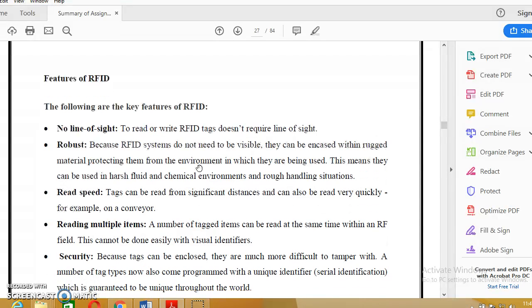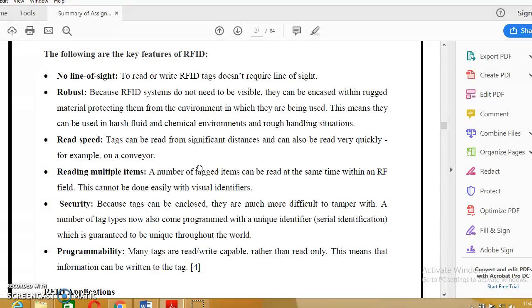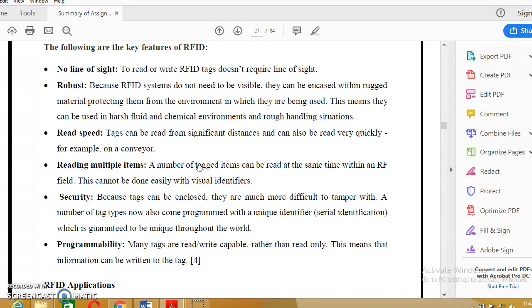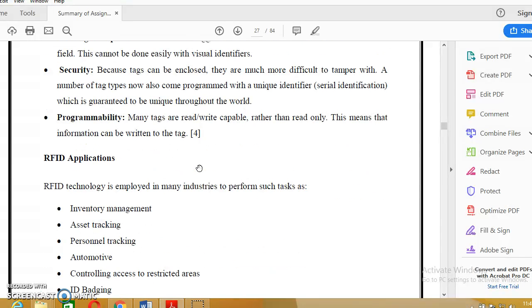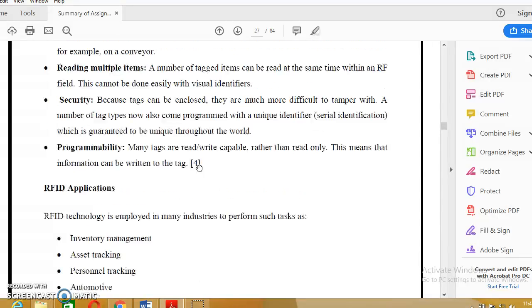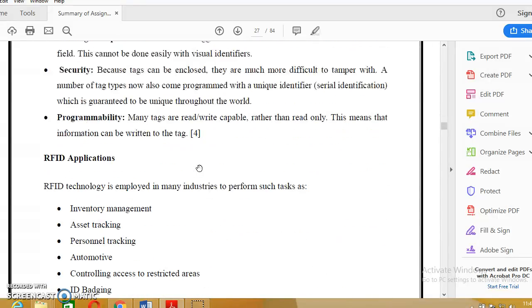Read speed: tags can be read from significant distances and can also be read very quickly, for example on a conveyor, reading multiple items. Security, programmability. These are the features of RFID, radio frequency identification.